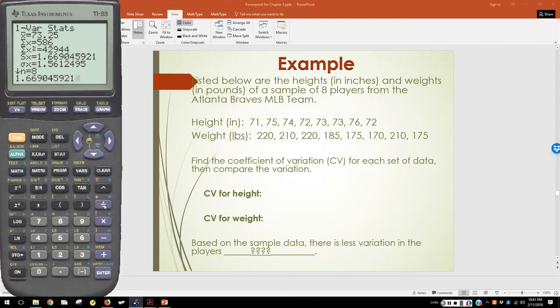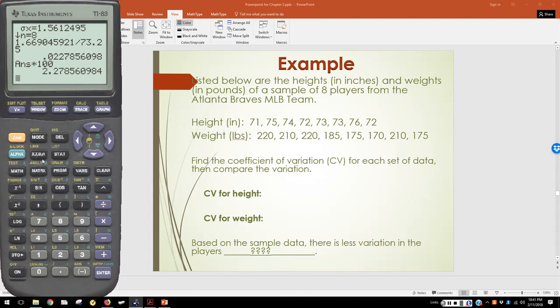You always keep all the digits until the final answer. Then we divide that by the mean, which is 73.25, and multiply that times 100 to change it to a percent. We see that the coefficient of variation for their heights is 2.2785, which we can round to about 2.3%.